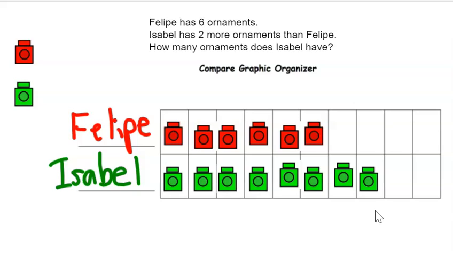So what is it asking us? It's asking how many ornaments does Isabel have? So what are you thinking? We know that Felipe had 6 ornaments, and then it told us that she had 2 more.